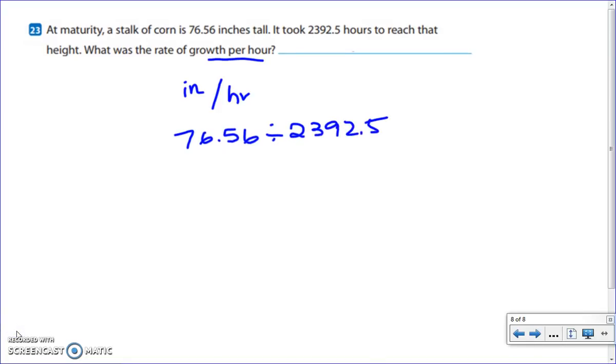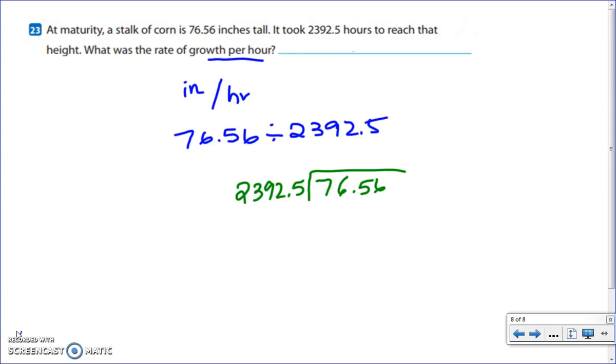It would be very tempting to put the big number first, but that's not really how this all works, okay? Always go in the correct order. So in this case, even though that's a smaller number, 76 56/100 is going to go on the inside, and 2,392 5/10 is going to go on the outside.